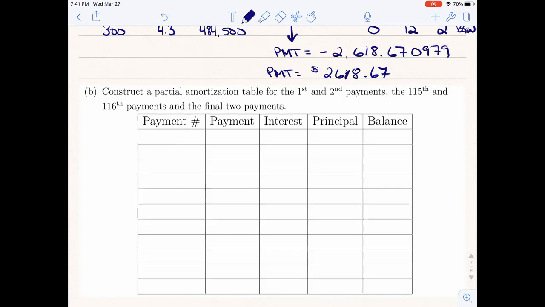But remember, in order to get the 115th payment, we have to know the 114th future value and the final 2 payments.